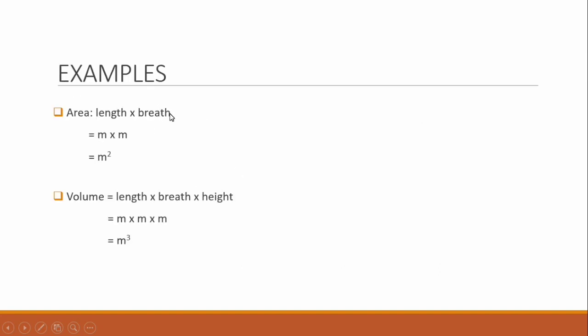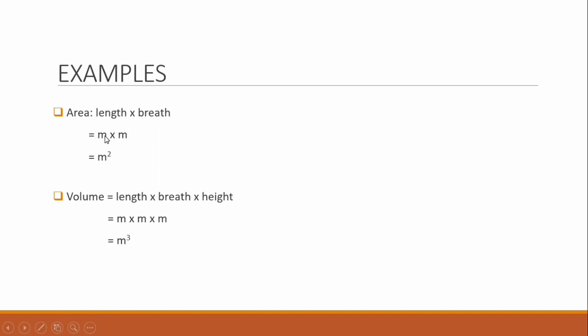Let's take some worked examples. We all know in our mathematics that area is simply length times breadth. The SI unit for length is meter, m. Breadth is also in meter.